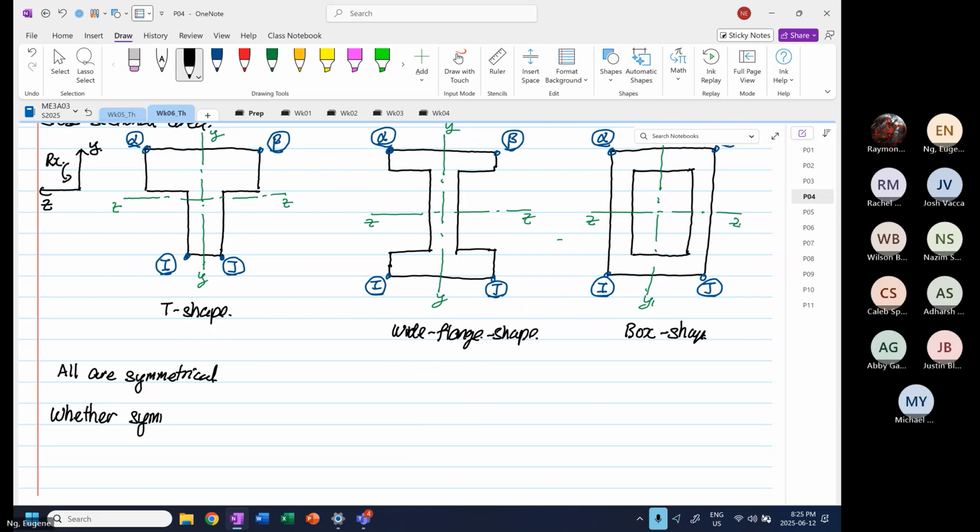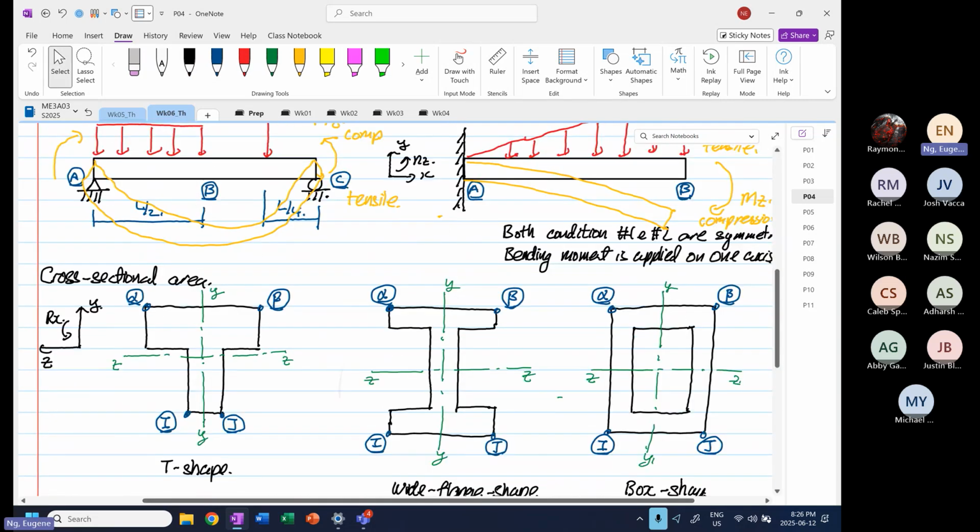So whether symmetrical or unsymmetrical does not depend on the loading condition, like what we see on top.